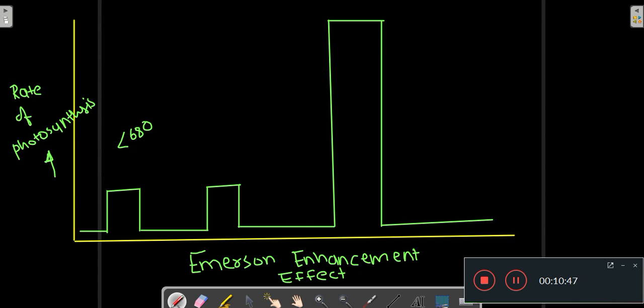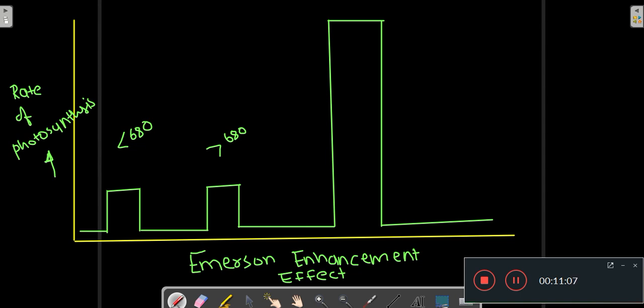Then you hit that same tube with a light whose wavelength is less than 680 nanometers, and you get this much rate of photosynthesis.